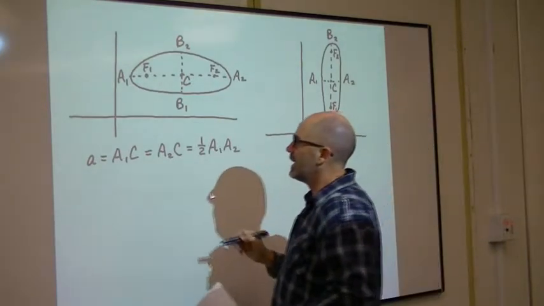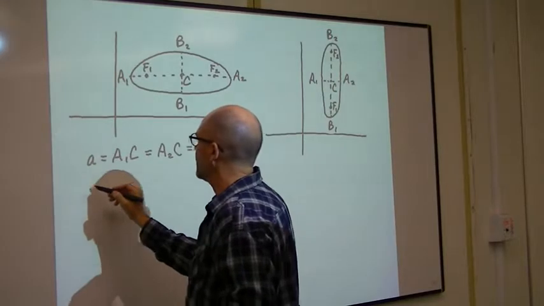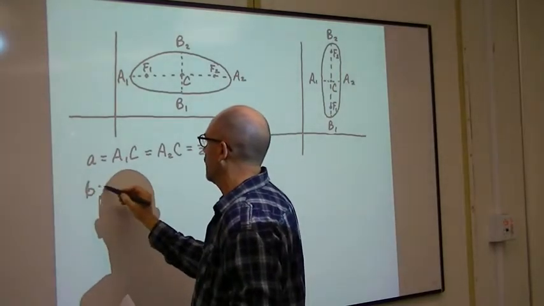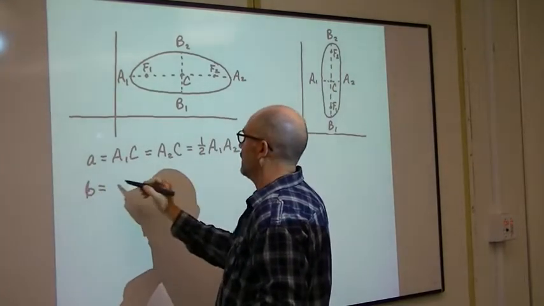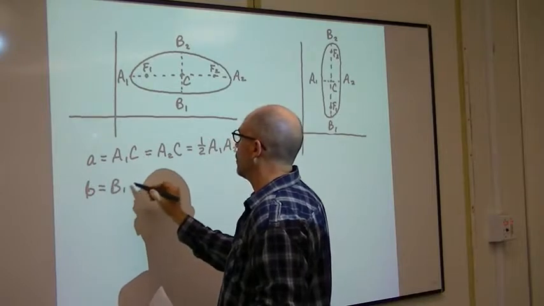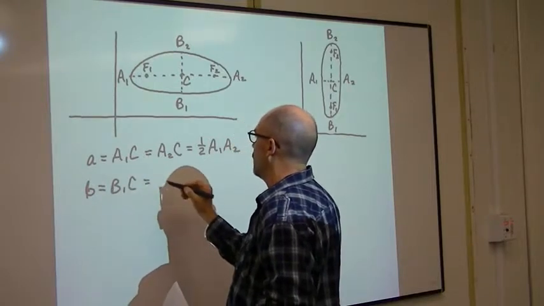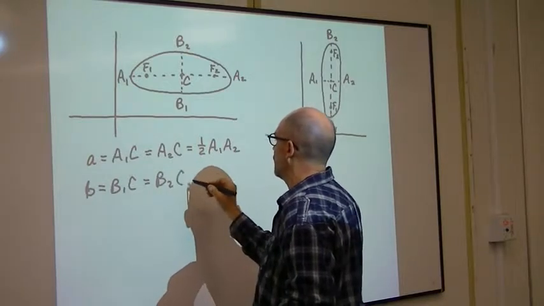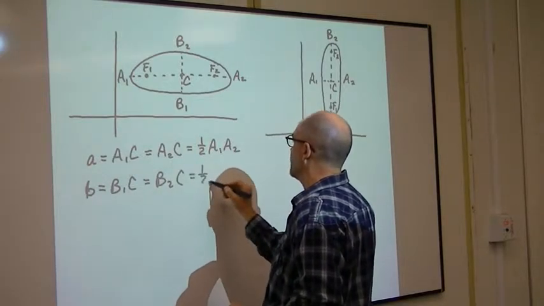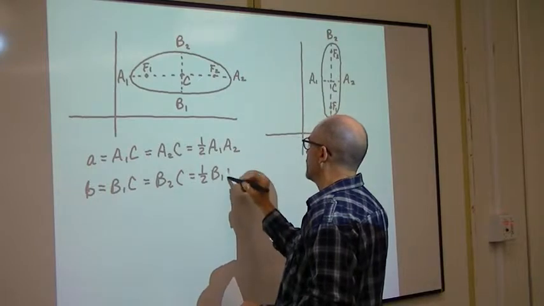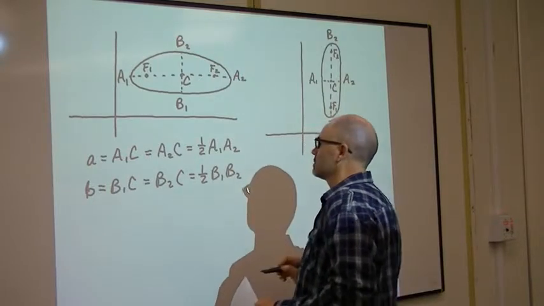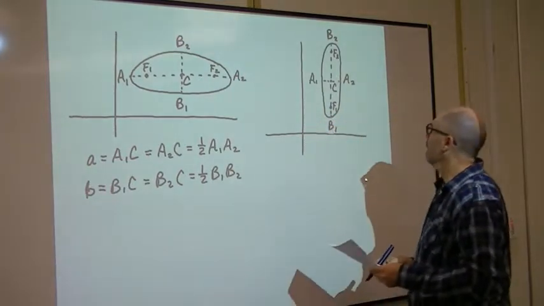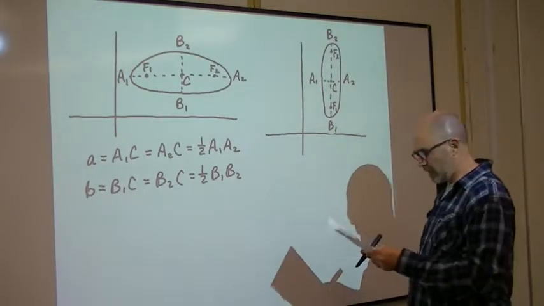Now, B, lowercase b, is going to be the distance from B1 to the center, which is also the distance from B2 to the center, which is also half the distance from B1 to B2. Now that applies to both of these.